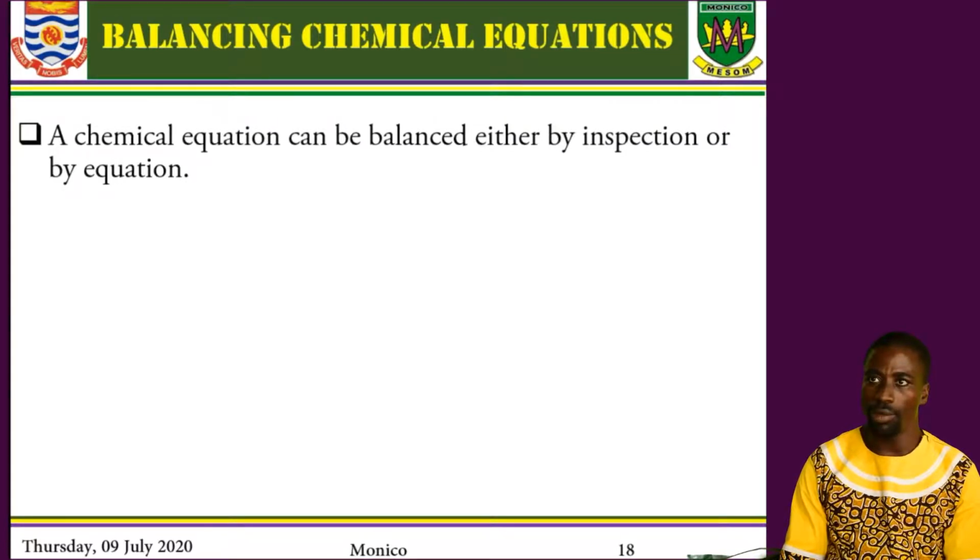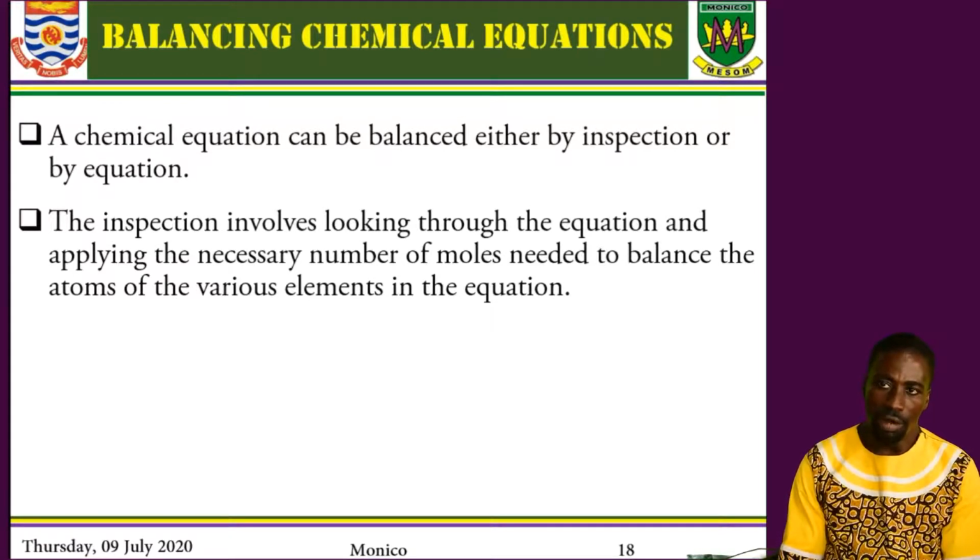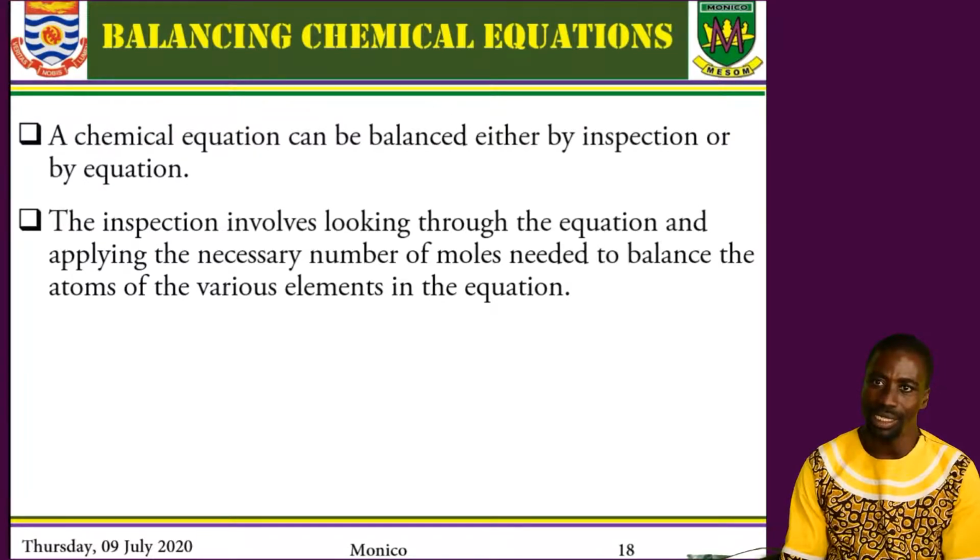Now, a chemical equation can be balanced by what? Inspection of the equation. You just inspect the equation, look through it, and then apply the necessary number of molecules needed to balance the various elements. Please, when you are balancing, as we saw in the video, do not alter the subscript.